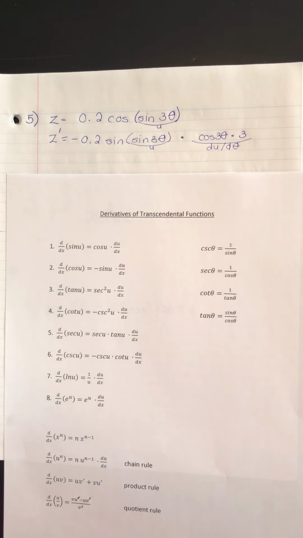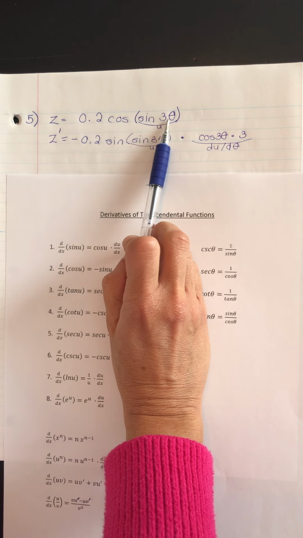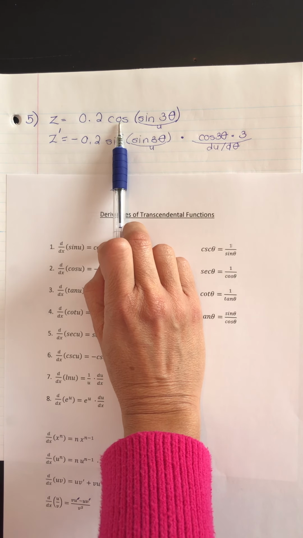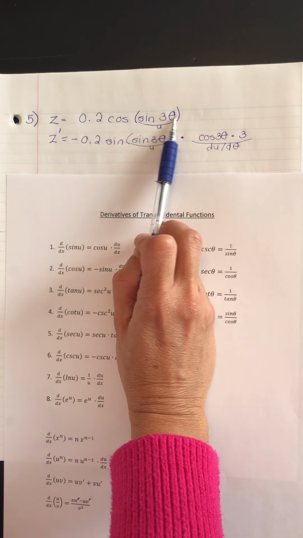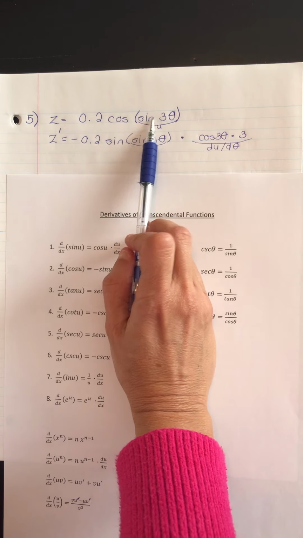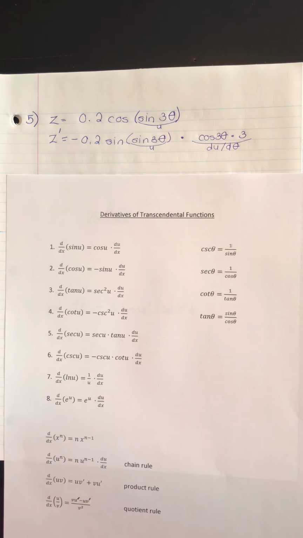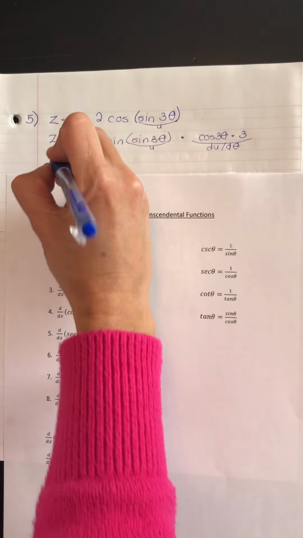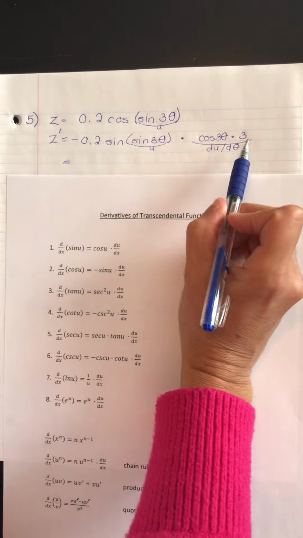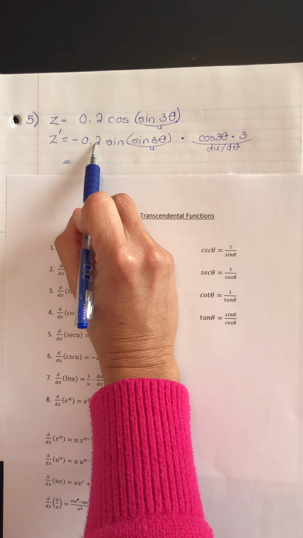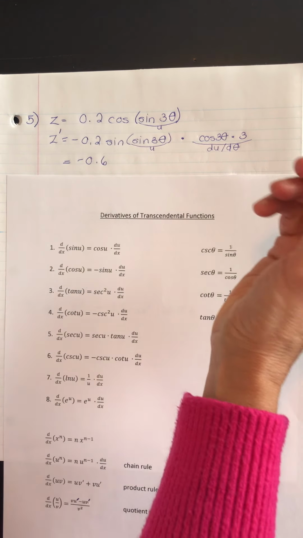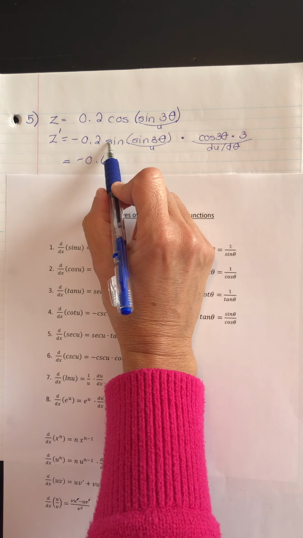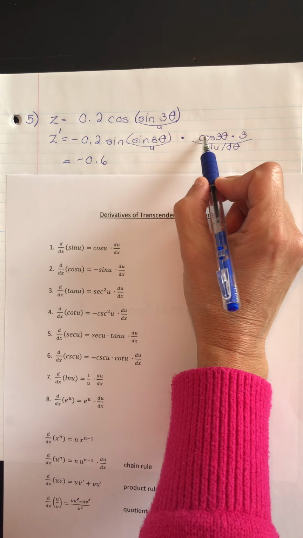Okay, so this is a little bit tricky because we have one trigonometric function nested inside another. In other words, the argument of cosine is a sine function. So this is sometimes called composition of functions. Okay, so when I go to write my final answer, the 3 can move forward and multiply by negative 0.2 to give us negative 0.6. And then we can follow either with this function next or this function next.